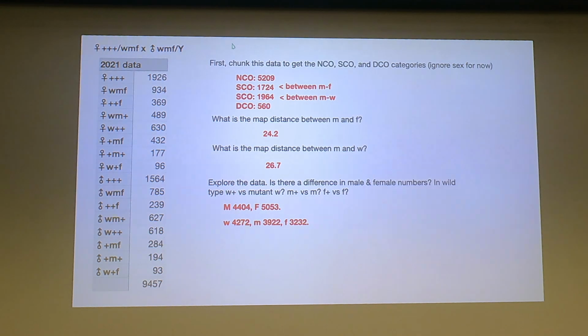Then I did the same thing for miniature. So like this one's miniature, this one's miniature, this one's miniature, etc. I added all the ones that have M in the second position, and I got 3,922, which is even lower proportion than white. Again, it should have been 50-50. So miniature seems to be affecting the flies.